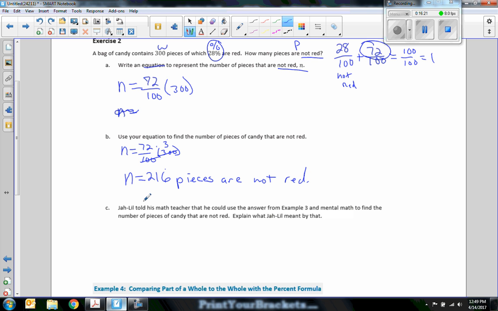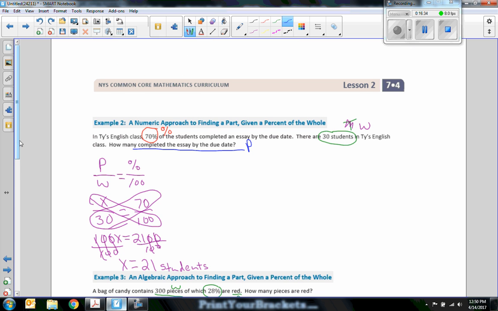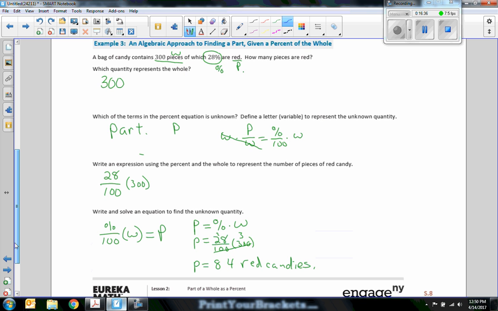Okay, now it says Jalil told his math teacher that he could use the answer from example 3 in mental math to find the number of pieces of candy that are not red. Explain what he means by that. So if I go back to example 3, right here, he used mental math. He said, well, there were 84 red candies out of that same 300 bag.